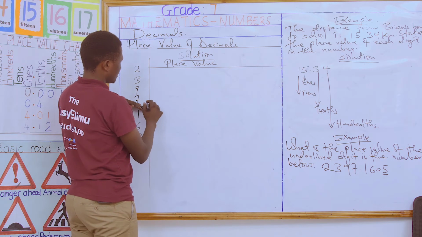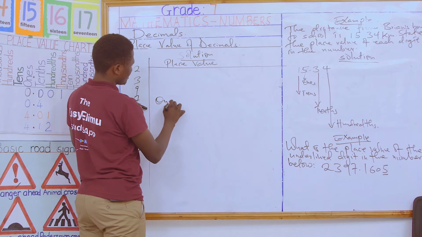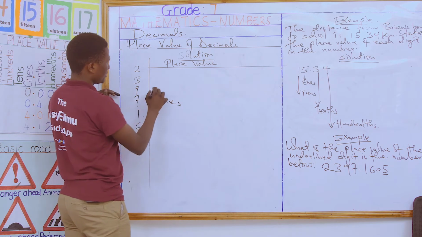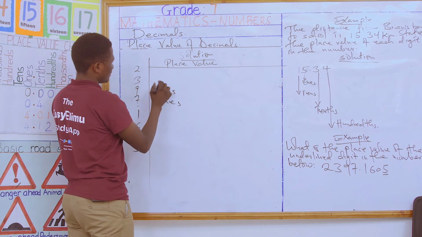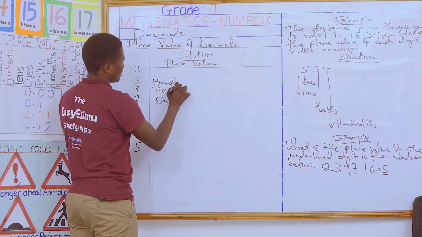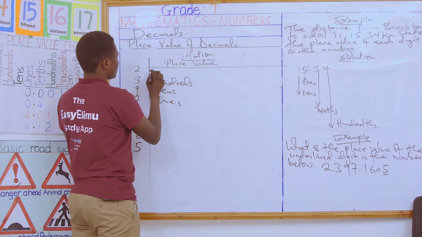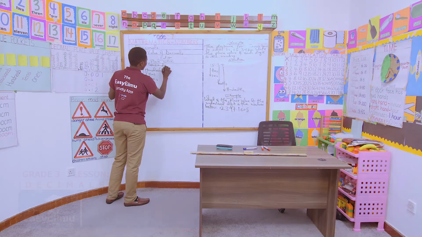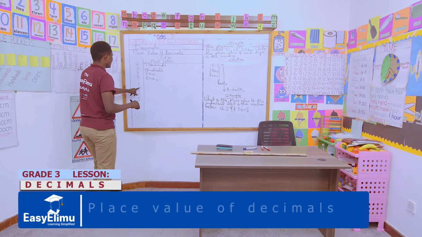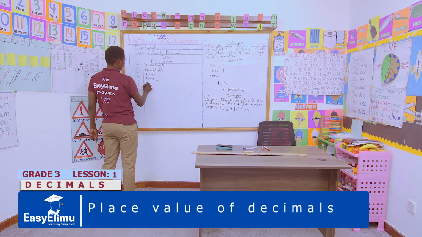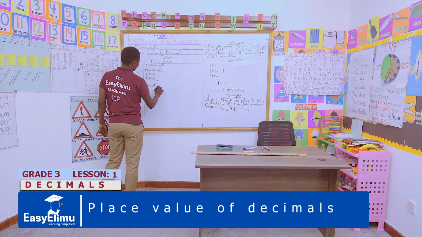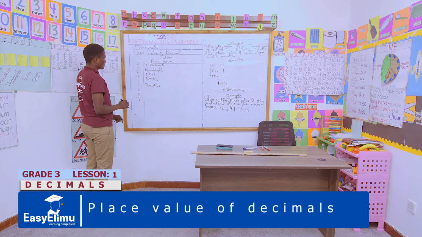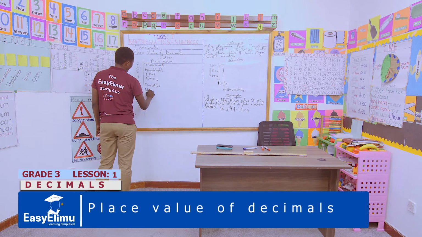So the place value of digit 7 is ones, digit 9 is tens, digit 3 is hundreds, then digit 2 is thousands. Then the digit immediately after the decimal point, we said, is tenths. Good. After tenths, we go to hundredths.